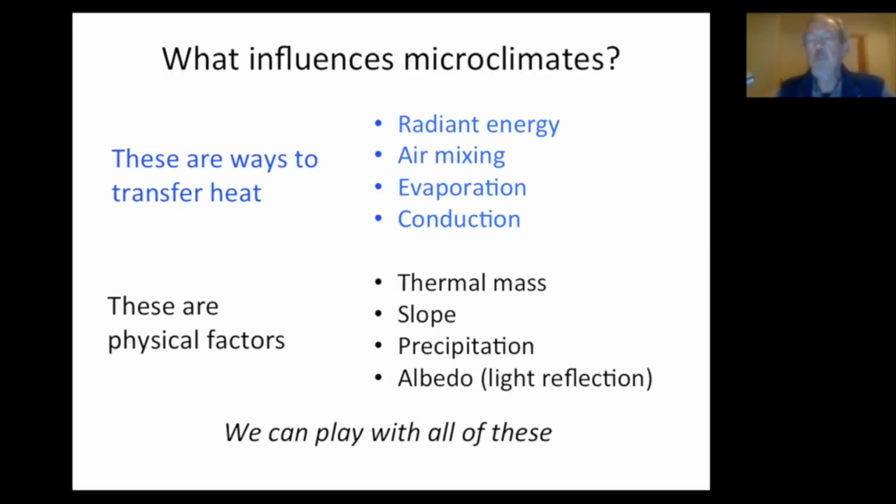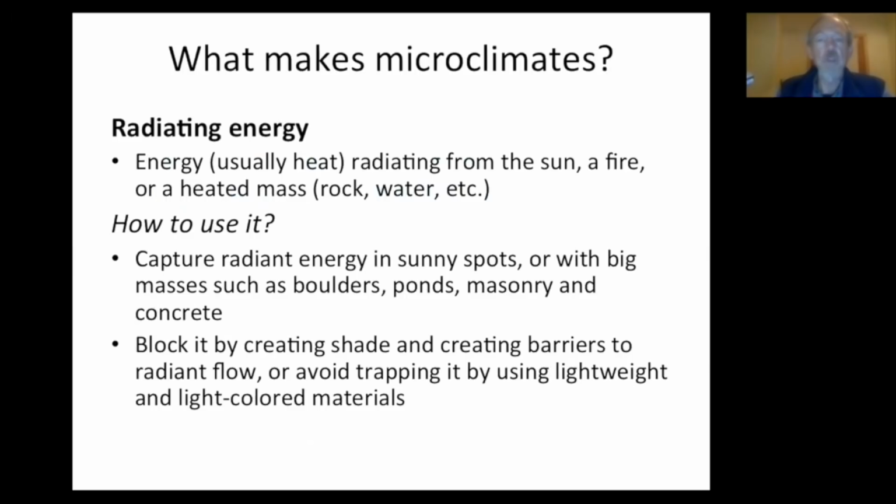Warm up cool spaces and cool off hot spaces, as I've said a few times. So I'm going to go through these few slides fairly quickly here, but I've talked about radiant energy a little bit, and mostly the source of radiant energy for most purposes is the sun.